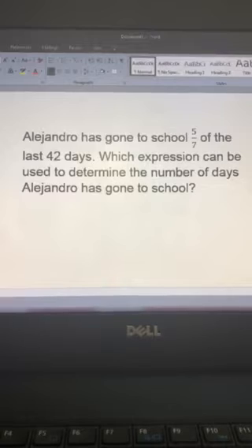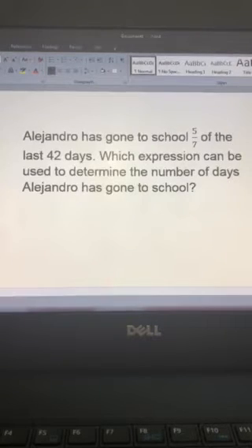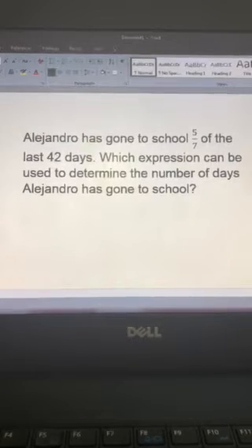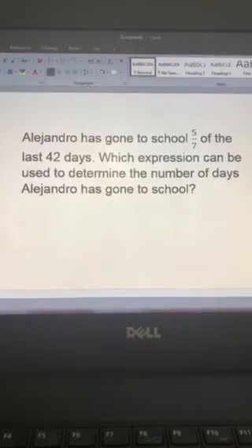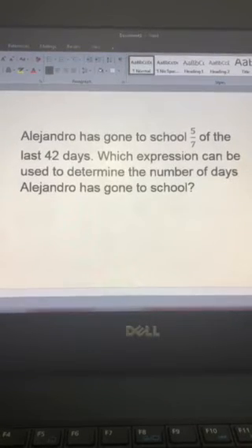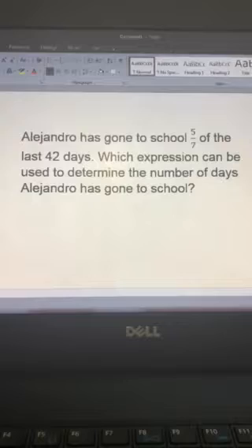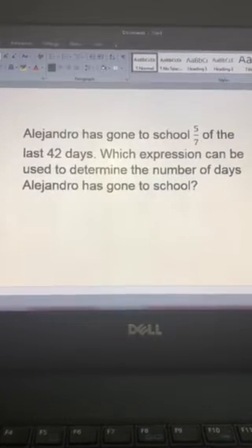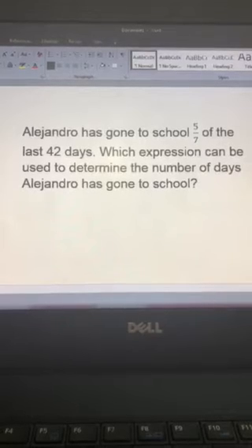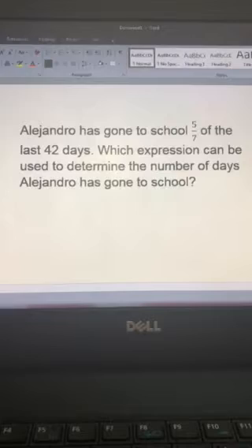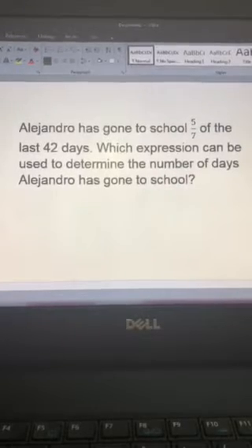The key word here is when you look at "Alejandro has gone to school 5/7 of the last 42 days." That means that he hasn't gone to school all 42 days. He's only gone to school part of those 42 days, and we're trying to figure out what part of 42 is 5/7.